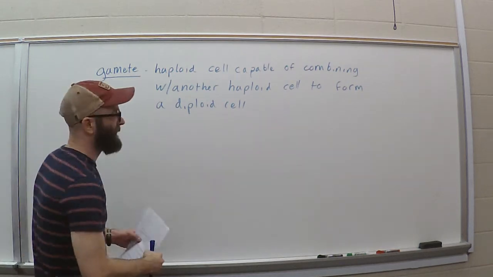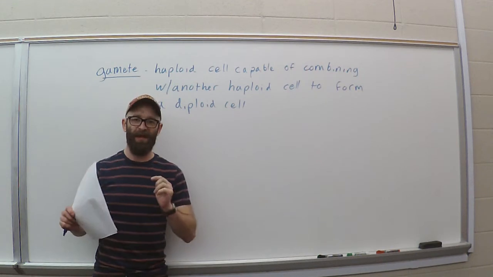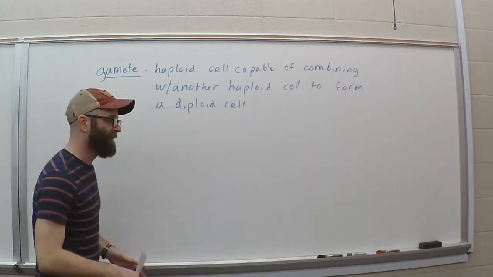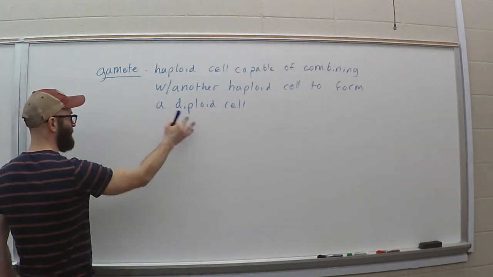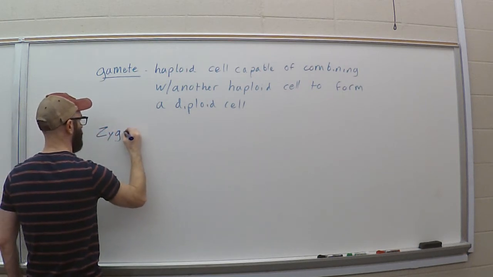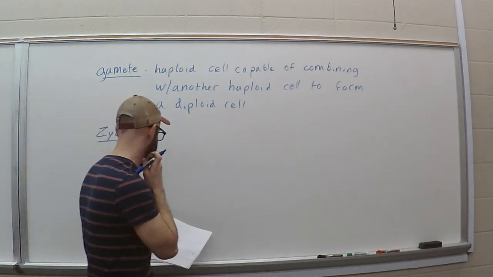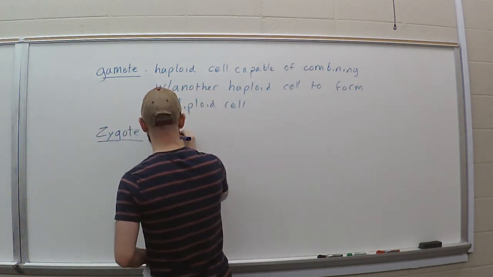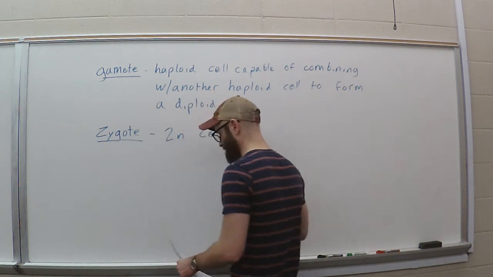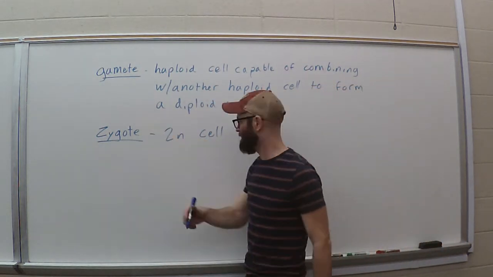And when a gamete from a male combines with the gamete from a female, then what you get is a diploid cell called a zygote. So a zygote is just a diploid cell that is produced by the fusion of two gametes.